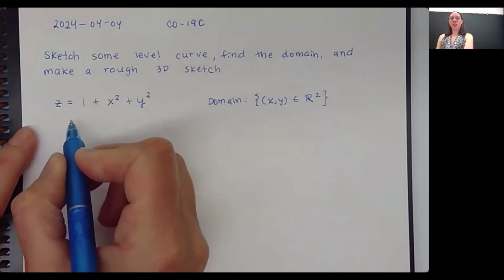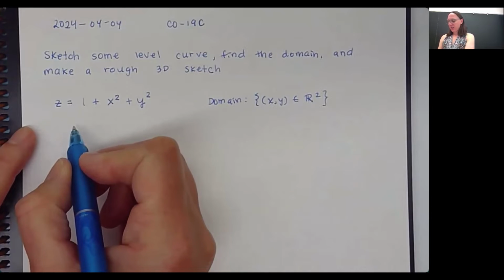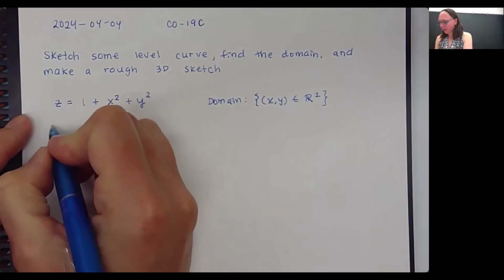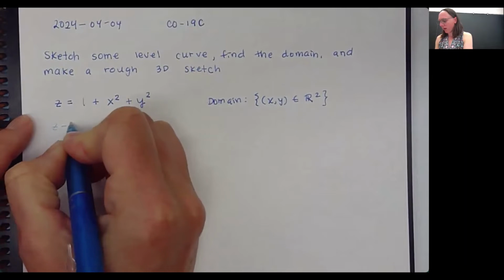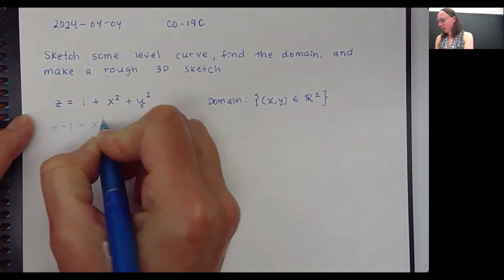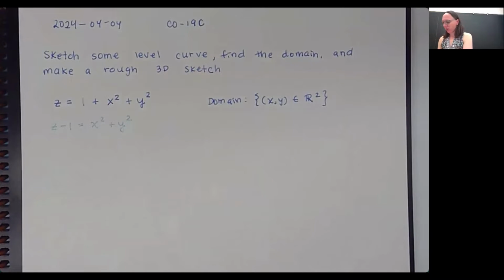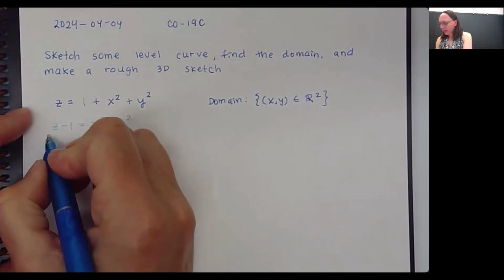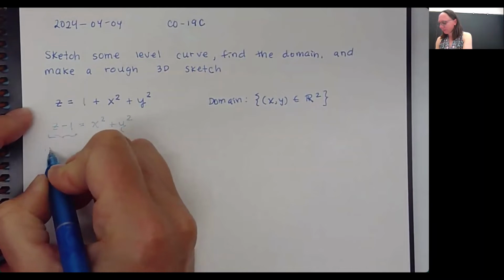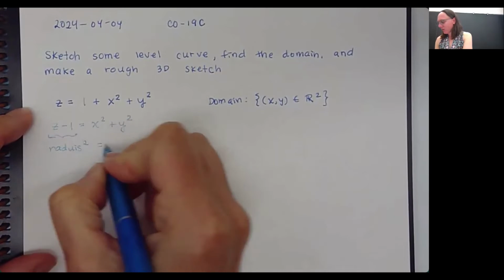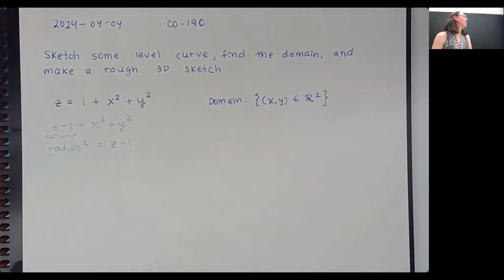No matter what value of z I choose, if I rearrange this a little bit, I'm going to have z minus 1 is equal to x squared plus y squared. This has the shape of a circle, where my radius squared is equal to z minus 1.